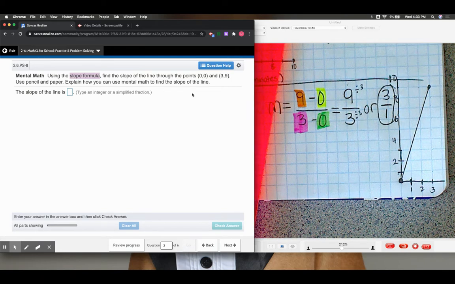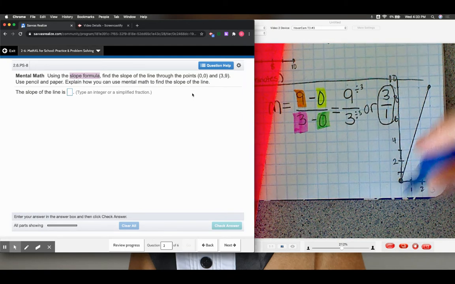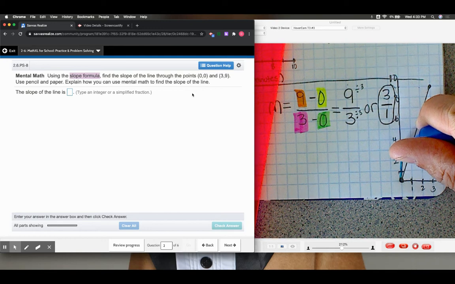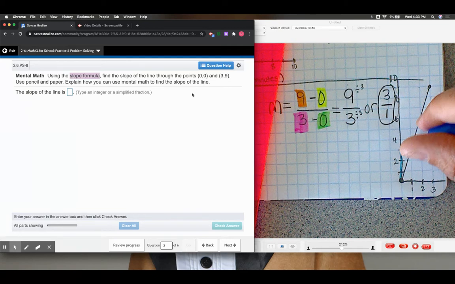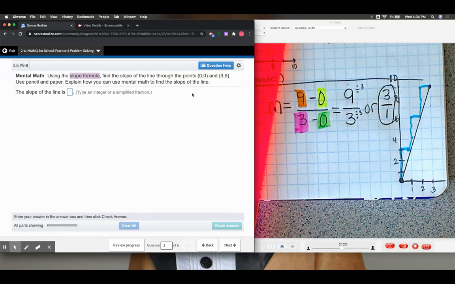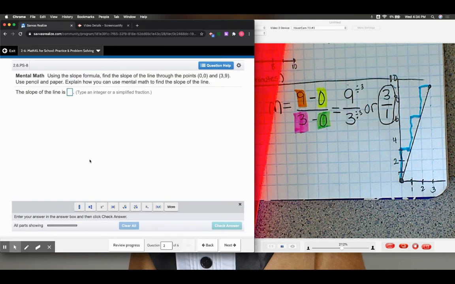Here's a similar triangle. It's going to rise 1 unit, 2 units, 3, and it's going to run 1. Just like it did last problem. Rise 1, 2, 3, run 1. So you can see that the vertical change is 3, the horizontal change is 1. Let's do it as 3 over 1.